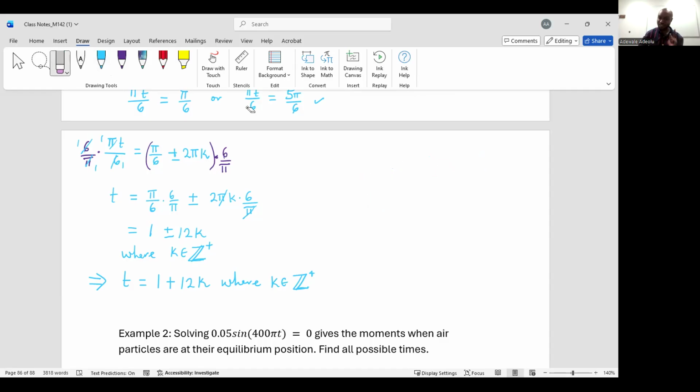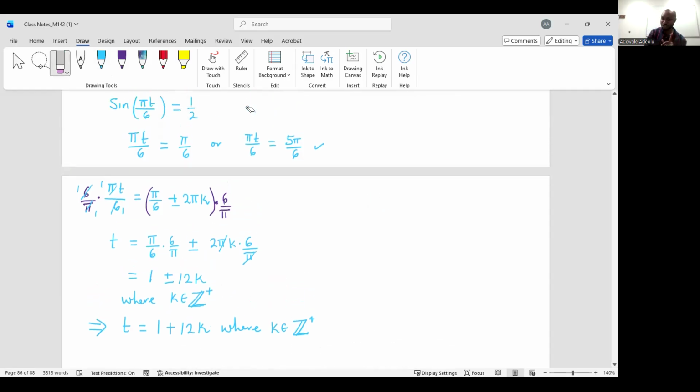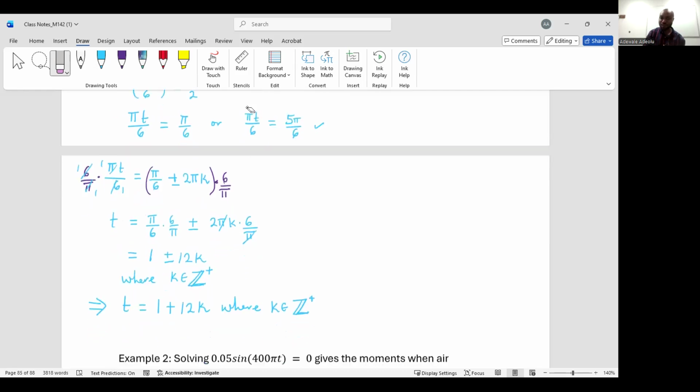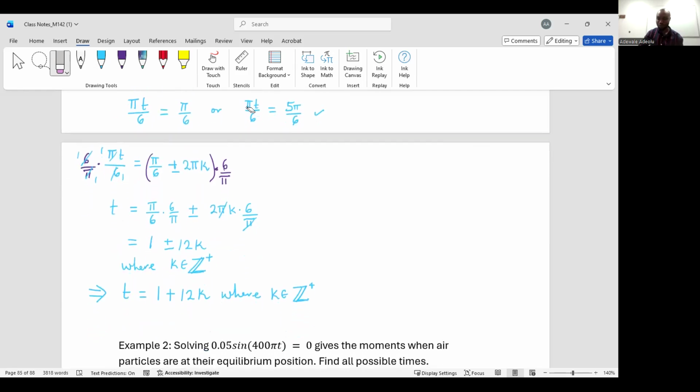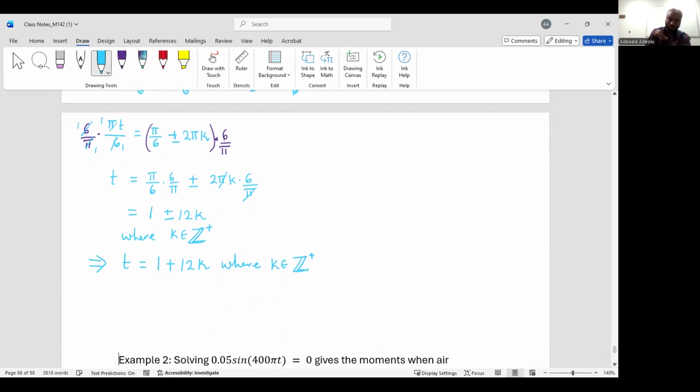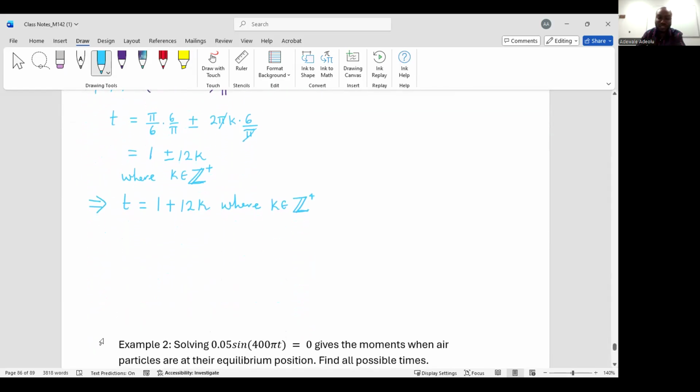But don't forget, that is not the only solution. We still have 5 pi over 6. So we also need to consider that. So we use that one rotation to figure out all possible solutions.